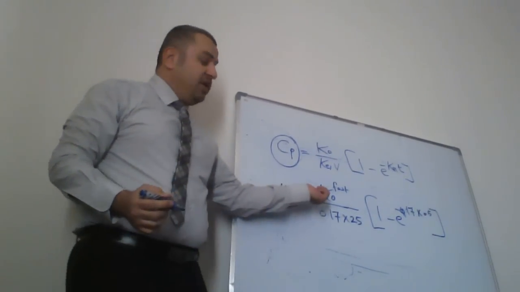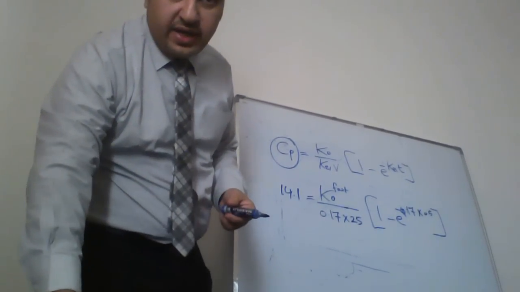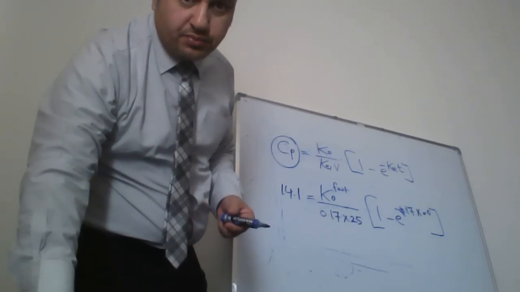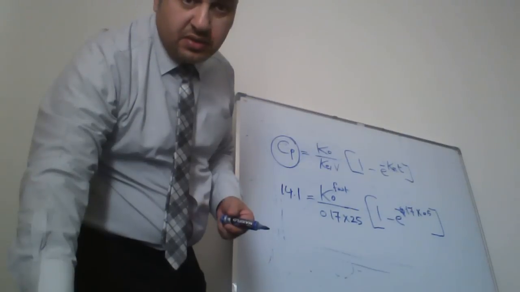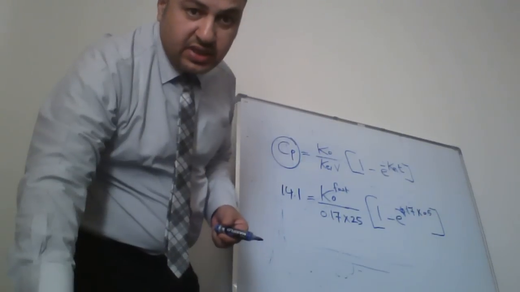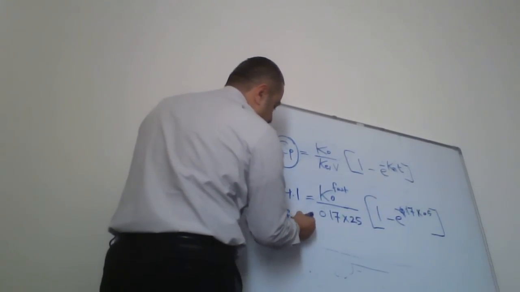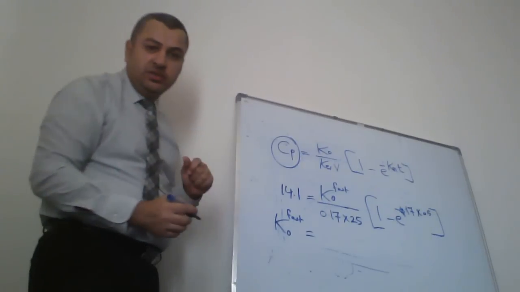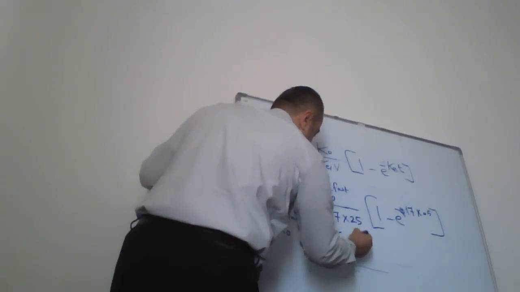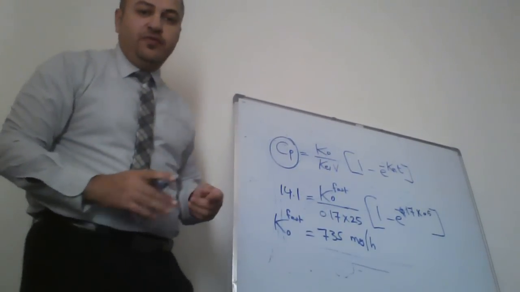Now, the only missing information here is K0. Now you can calculate that and you will find that K0 fast is equal to 735 milligram per hour. So this is the fast infusion.